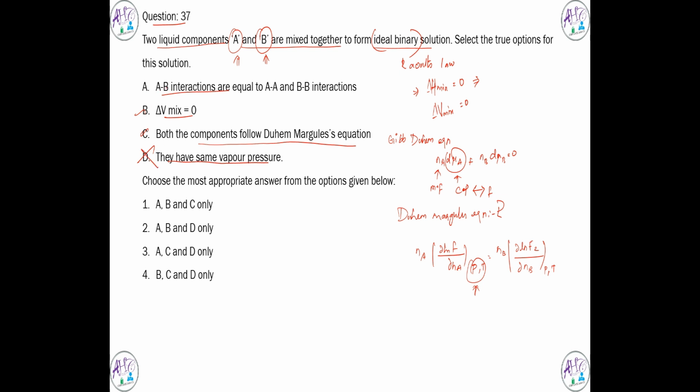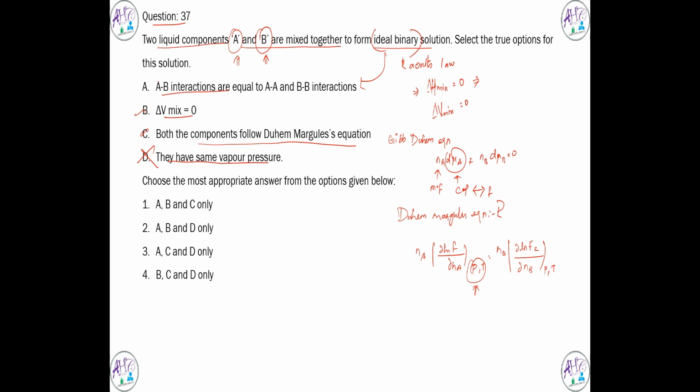Option A says that the A-B interactions are equal to the AA interactions and BB interactions. Since it's an ideal binary solution, the interaction between the components themselves is equal to the interaction in the solution.